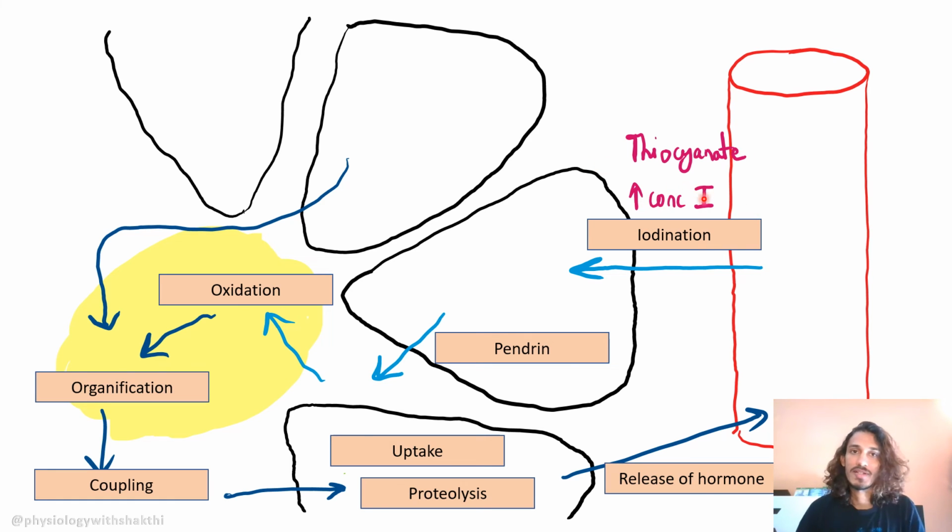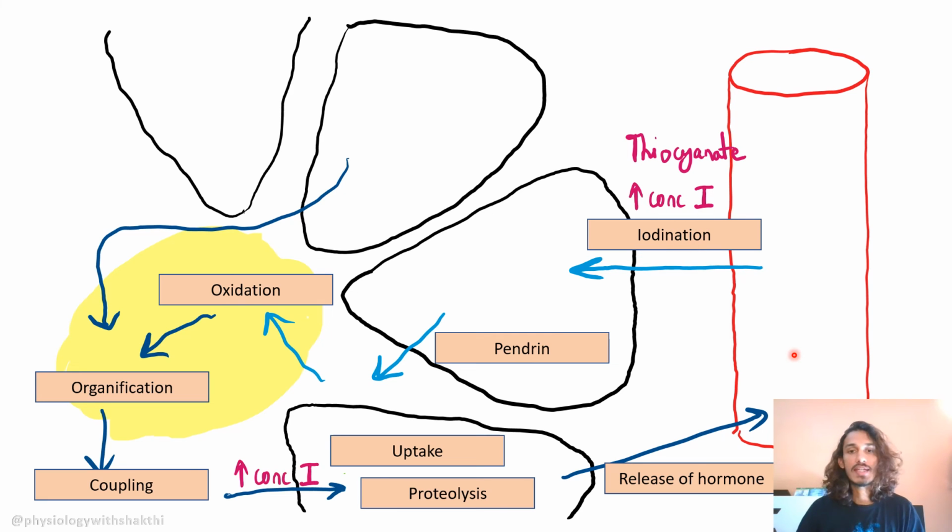Also, this is very important: a very high concentration of iodide will inhibit the synthesis of thyroid hormone. This is what is called the Wolff-Chaikoff effect. This is one way it acts.